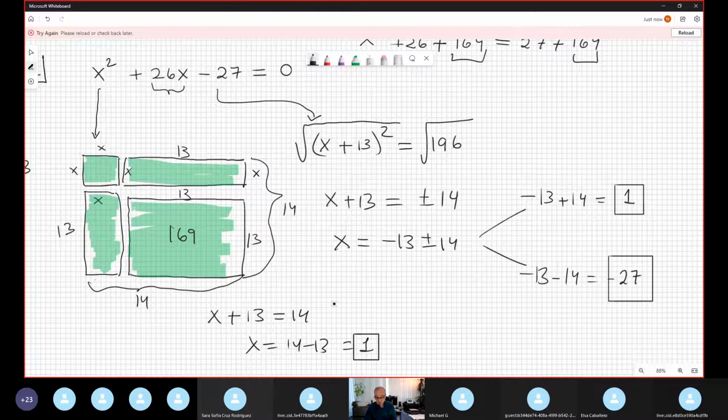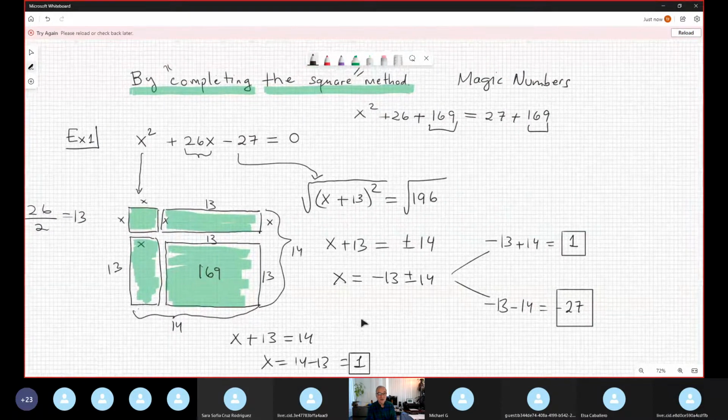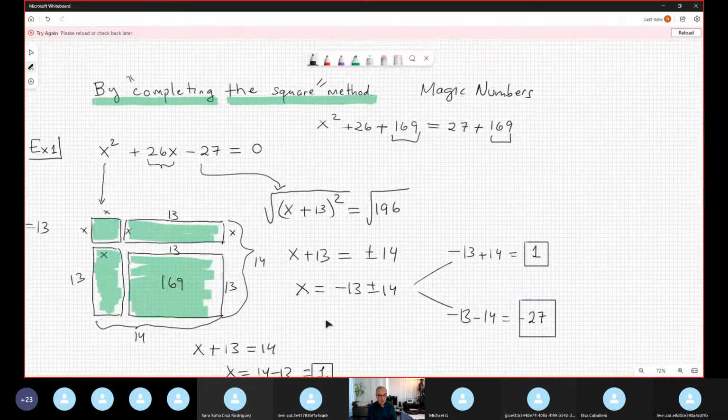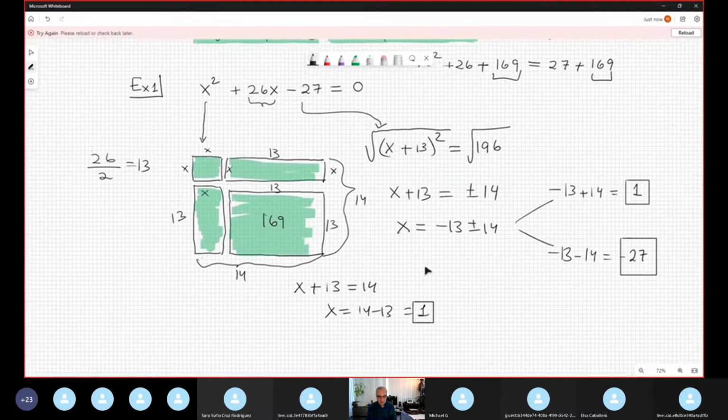But what's the disadvantage? This is visual, this is nice, but there's no efficiency, because the negative solution you never see, and the complex solution you never see. I explain this way because I want to illustrate the reason for the name completing the square.